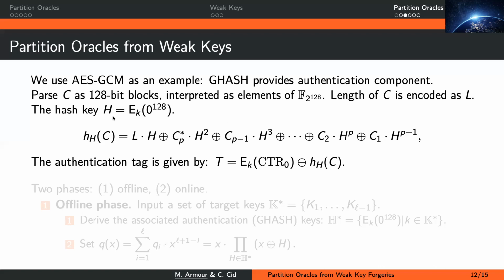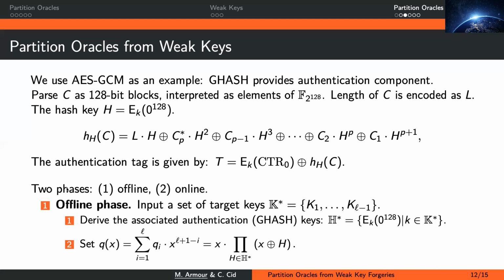Okay, so then our partition oracle from weak keys, we're going to construct a ciphertext that is a weak key forgery that would decrypt correctly under any of the keys in a set of target keys. Our attack has two phases, offline and online.